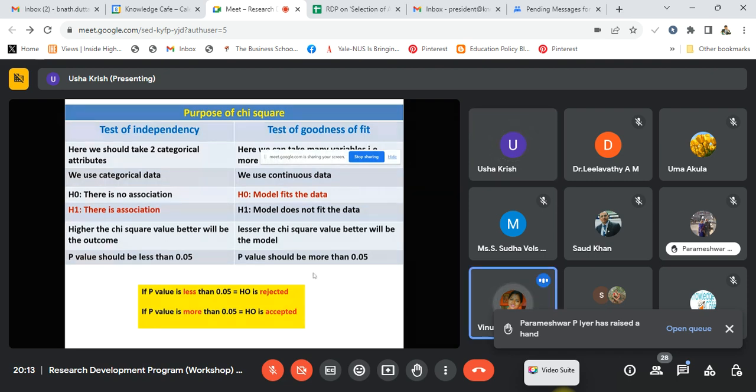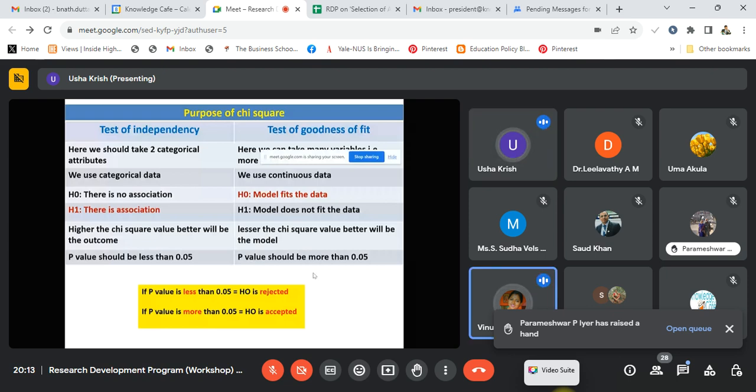Ma'am, I have two doubts. We need to apply the statistical test for all the questions in the questionnaire, or depending on the relations or dependency? No, all the tests are not required. You see the data, what kind of data you have. If I have categorical data, two types of data I have. One is gender, the other one is placement. I took the example.